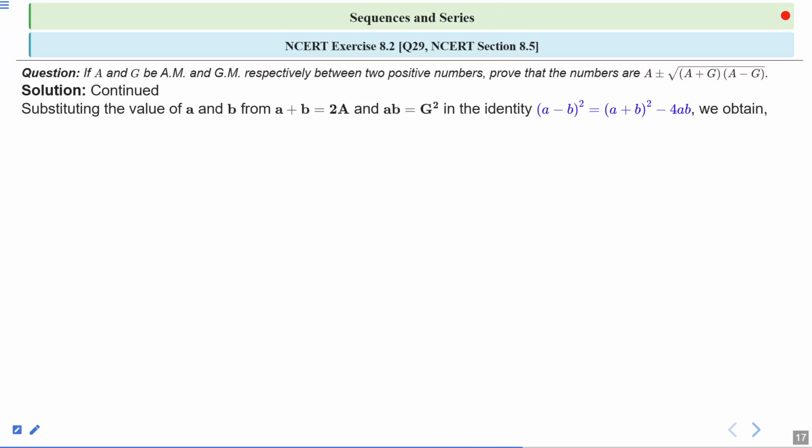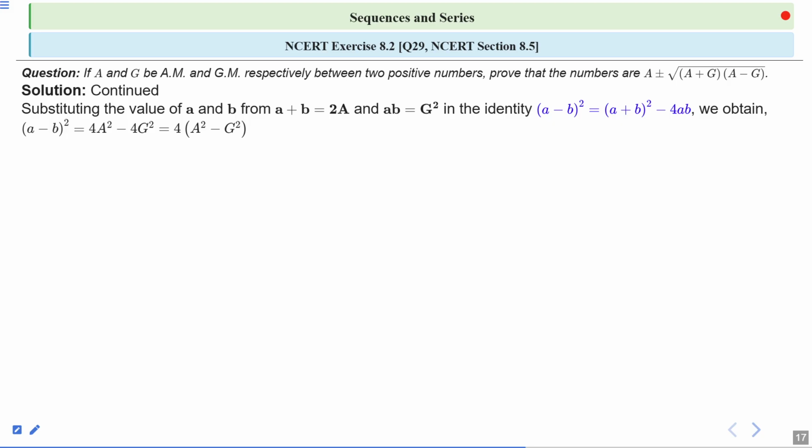Now we substitute the values of a plus b equal to 2 times capital A and ab equal to capital G square in the identity a minus b whole square equal to a plus b whole square minus 4ab. Use this identity, and then substituting the values, we obtain a minus b whole square equal to 4 times capital A square minus 4 times capital G square.